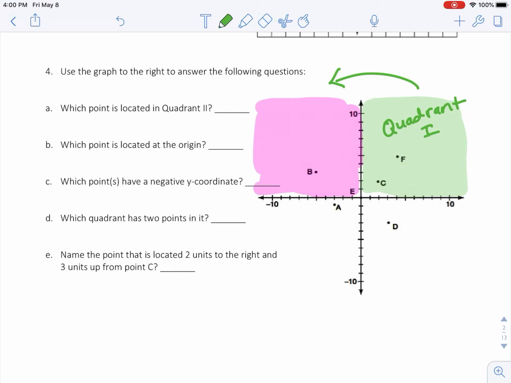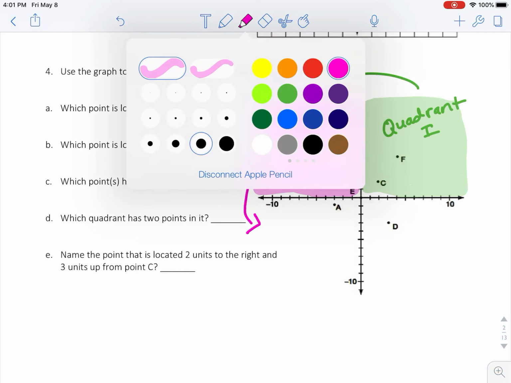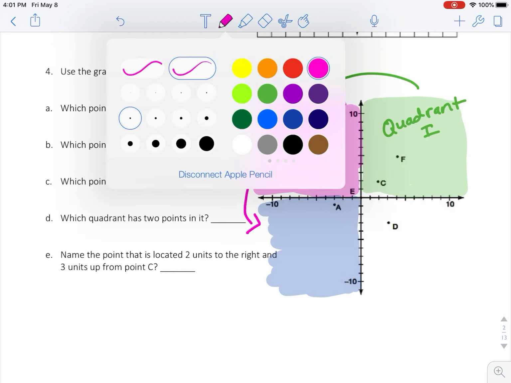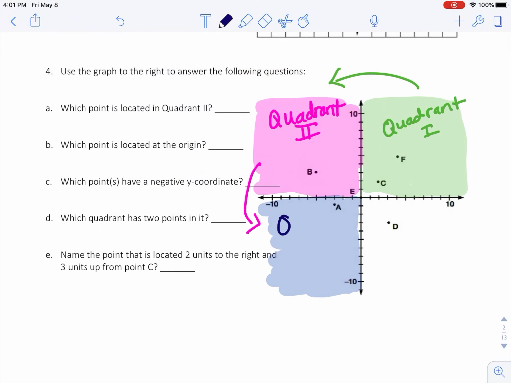And we call that one quadrant 2. And we use Roman numerals for these, so no, I'm using the number 2 like that. And we keep going this way. So my next one here would be, I'll go in blue, this quadrant down here. That is quadrant 3.